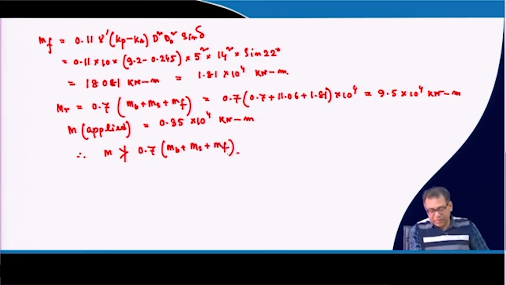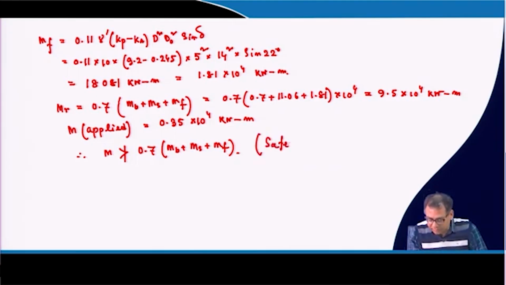Okay, because M is 0.35 and we have a resisting moment of 9.5 into 10 to the power 4 kilonewton meter. So, it is safe.